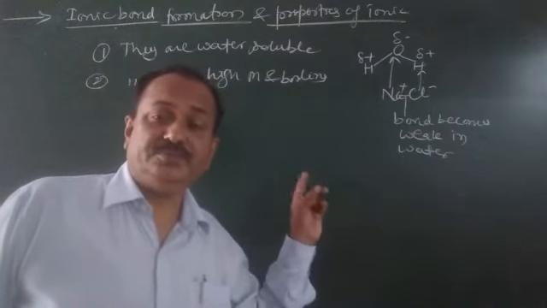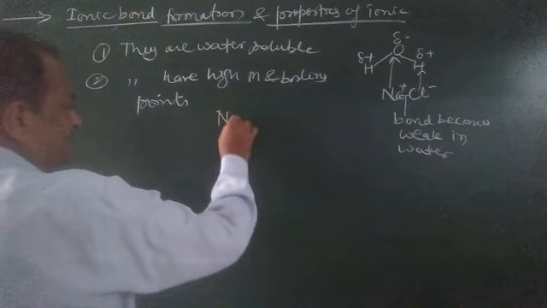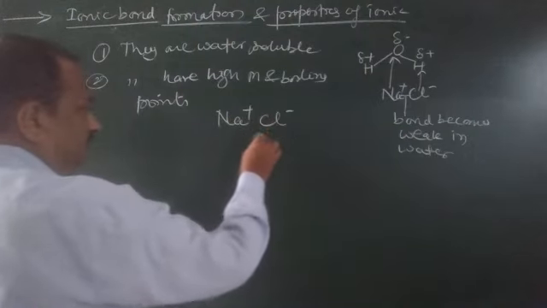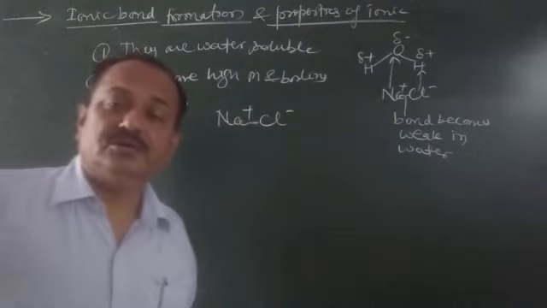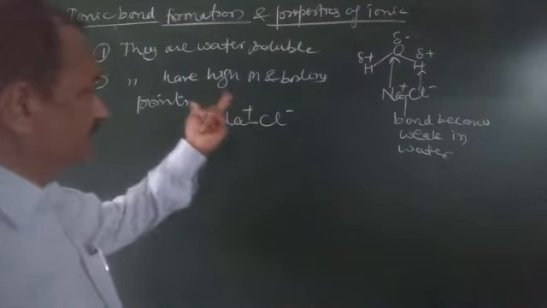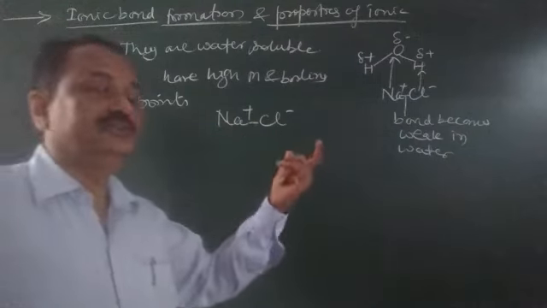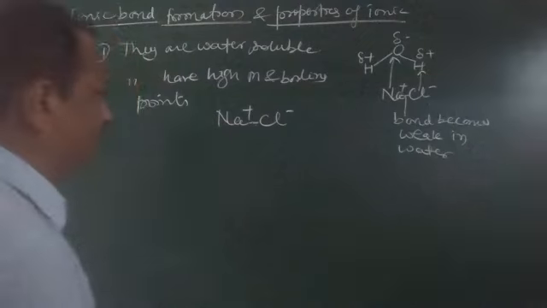So, due to the strong force of attraction, naturally this bond has to be broken in order to melt or boil. High melting and boiling point means there is a strong force of attraction between the ions, and so a large amount of energy is required.